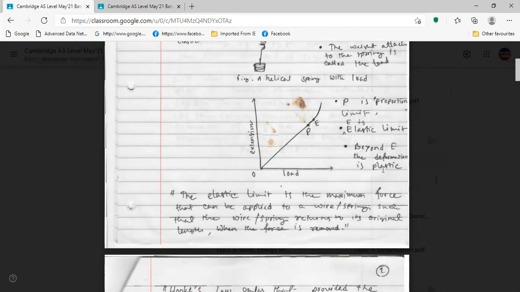But if it is plastic deformation, then it will not return to its original position. When it returns to its original position if you remove the force, that is called elastic deformation. If it does not, then that is called plastic deformation. Clear? Yes, sir.